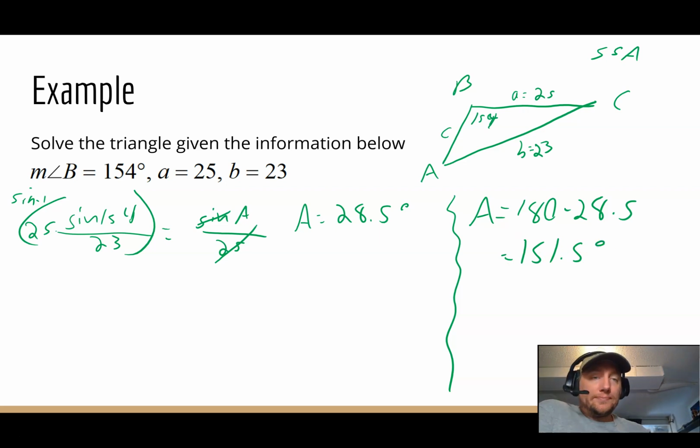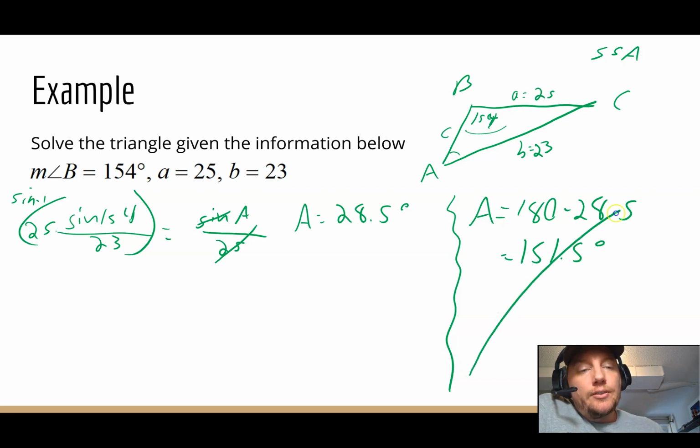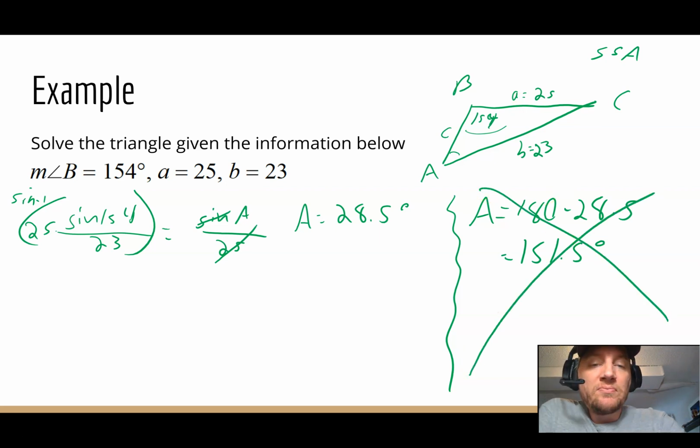There's a problem with that. This angle cannot be 151.5 because this one's already 154. There's not enough room for another big angle like that because they have to add up to 180. So this over here is a non-answer. We don't need to go down that second path, so I'm just going to go down this first path.